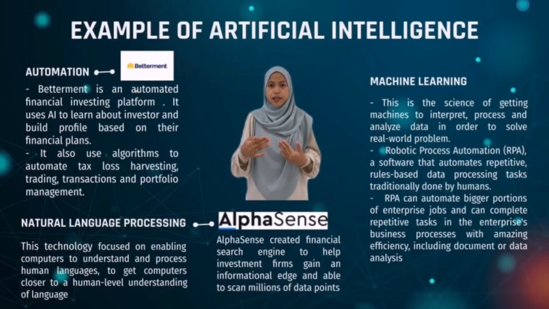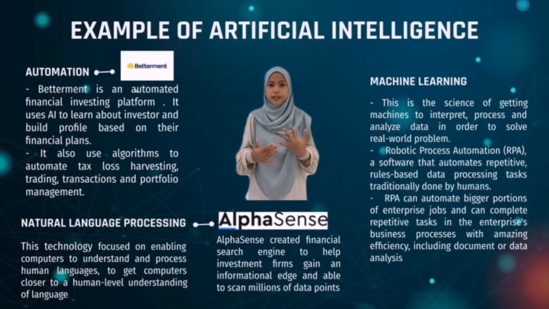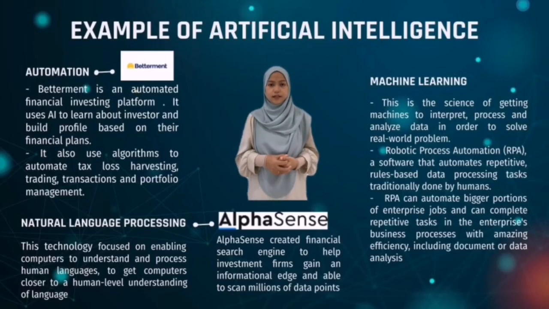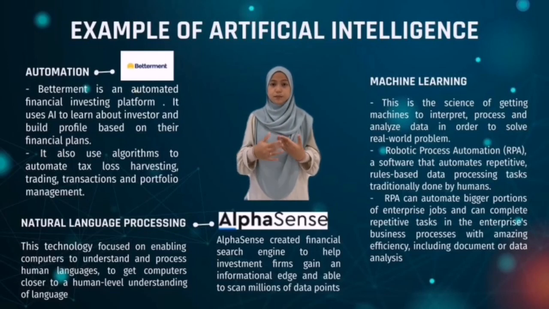It created an AI-powered financial search engine to help investment firms gain an informational edge, and it used a combination of linguistic search and natural language processing. The program can analyze key data points across 35,000 financial institutions. The system's ability to scan billions of data points and generate actionable reports based on pertinent financial data saves analysts countless hours of work.